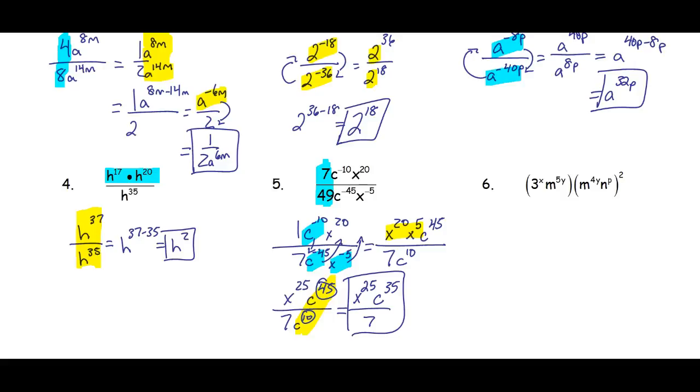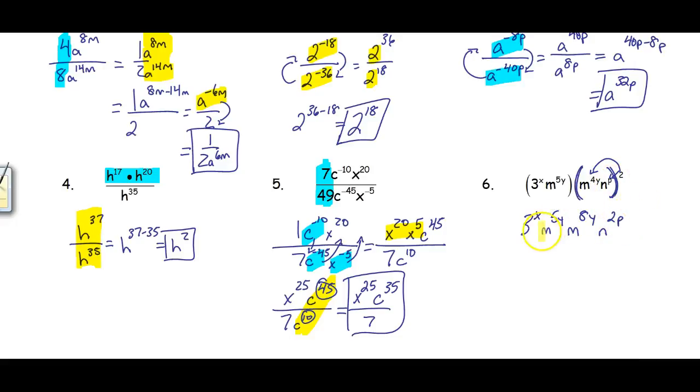All right, number 6, your exponent is attached to this set of parentheses here, so you're only distributing that 2 inside those parentheses. So that means the 3x m to the 5y stays. Then m to the 4y times 2 is 8y. And then you have n to the 2 times p is 2p.